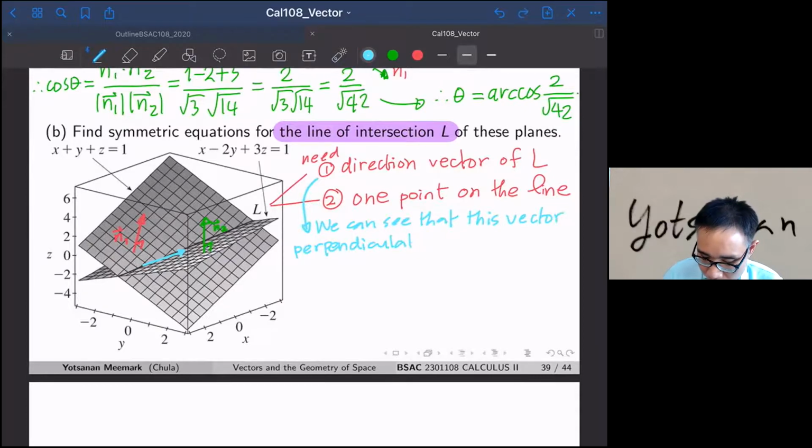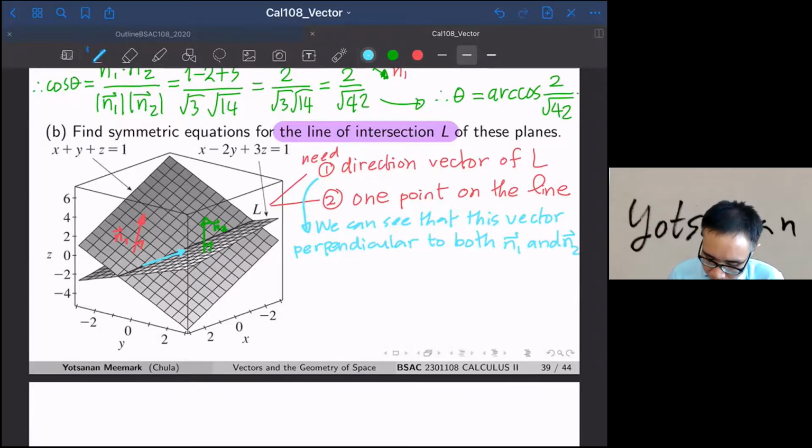So this blue vector turns out to be the vector that is perpendicular to both n1 and n2.